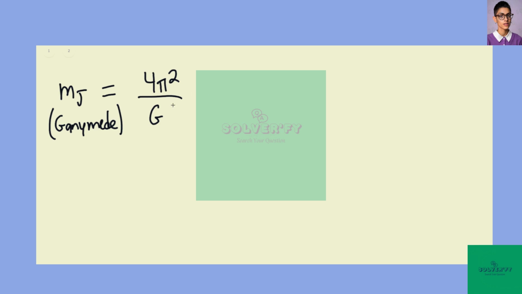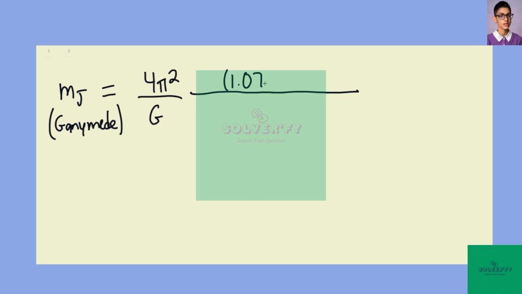Second part, we'll find the mass of Jupiter using information from Ganymede. And this is equaling, again, 4 pi squared over G. I'm not going to write G again. And it will simply be the distance between the center of Jupiter and the center of Ganymede.